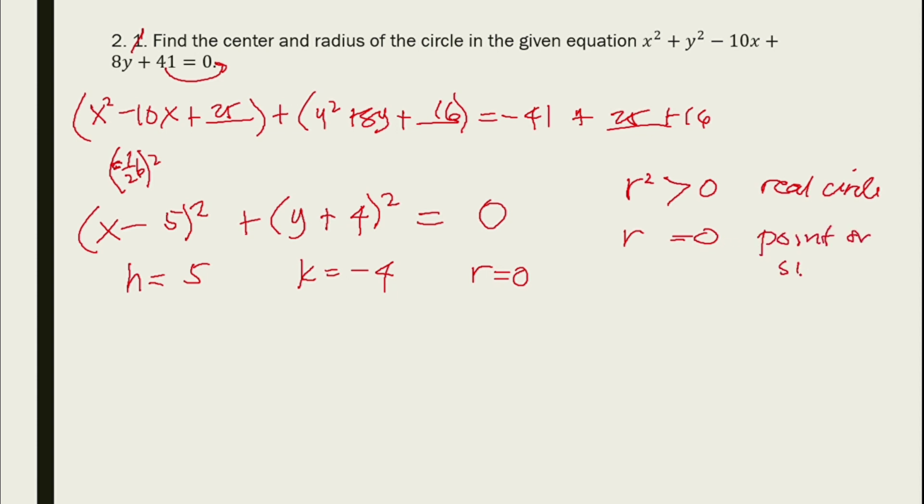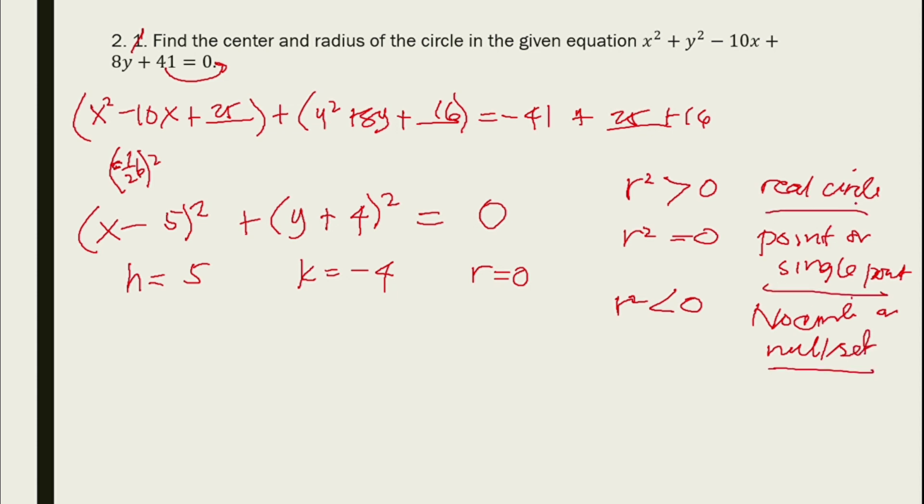And when r squared is less than 0, no circle or null set. So we have to take note of this. There are 3 categories: real circle, point circle or single point, and no circle or null set. So in this case, this is what we call a point circle.